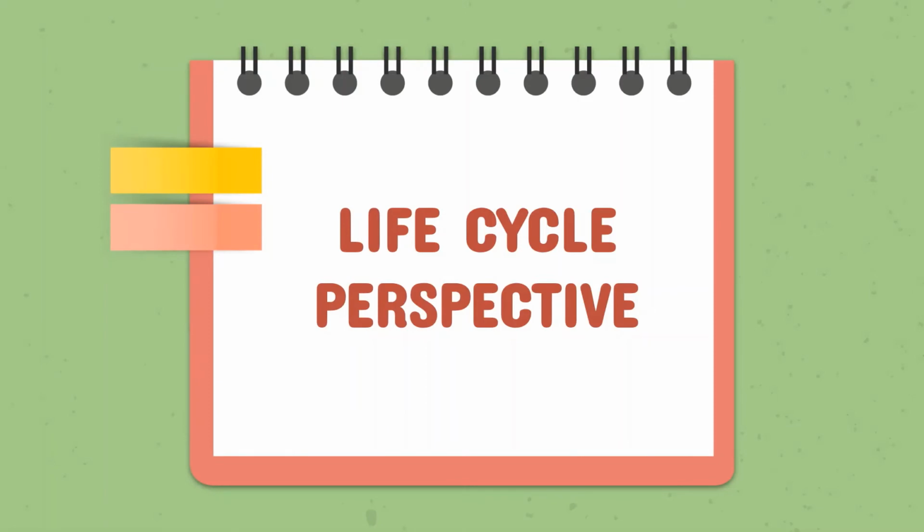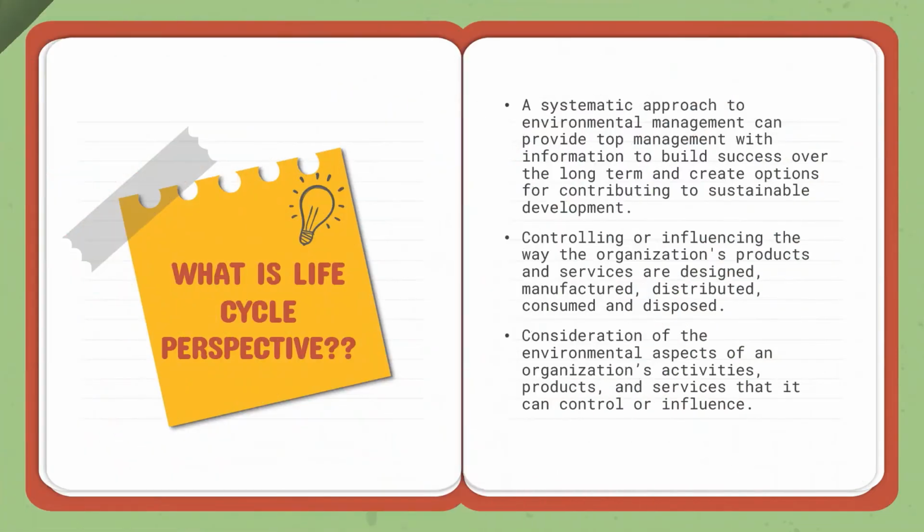And now, let's see life cycle perspective. Okay, what is life cycle perspective? Life cycle perspective is a systematic approach to environmental management that can provide top management with information to build success over the long term and create options for contributing to sustainable development.